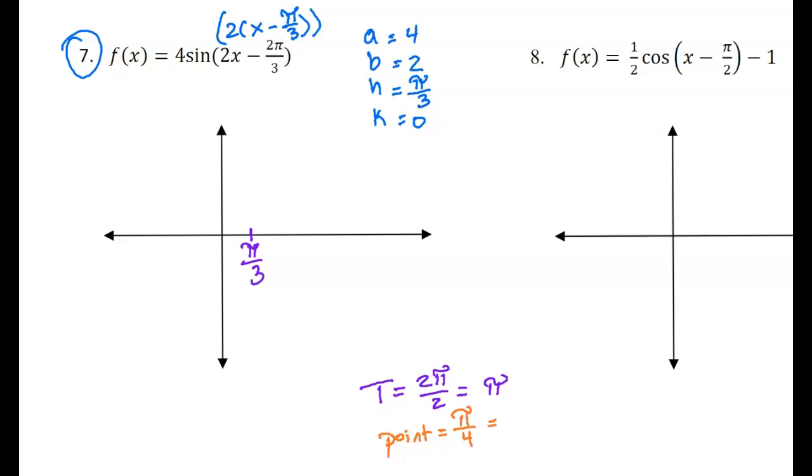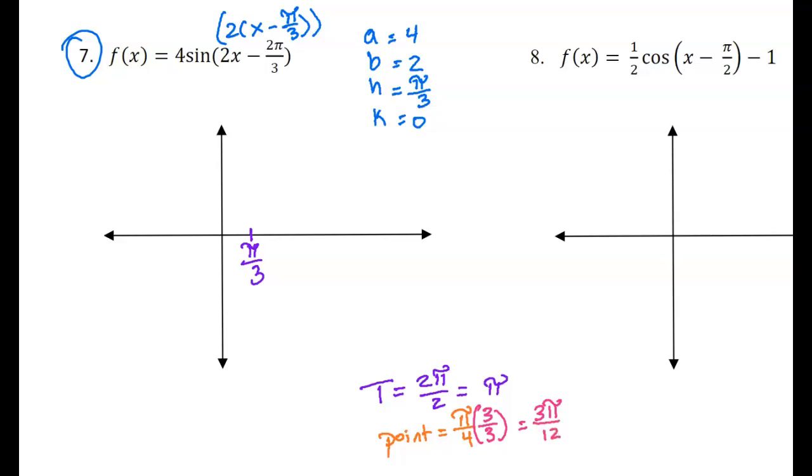In order to add those together, we have to have a like denominator. So the least common multiple of 3 and 4 is 12. So you're going to multiply pi over 4 times 3 over 3 to get a common denominator of 12. So this becomes 3 pi over 12.